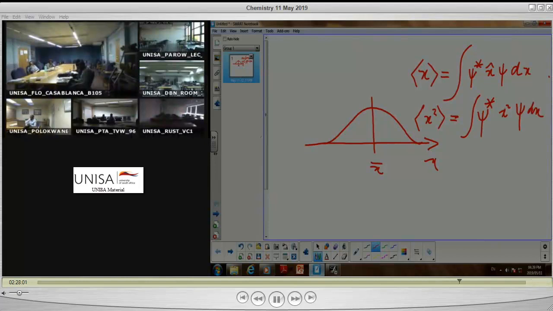You might have this in front, so you have got x squared times sine squared of pi x over L, something like this, dx, an integral there. This whole thing there is an integral that you can find in the list.